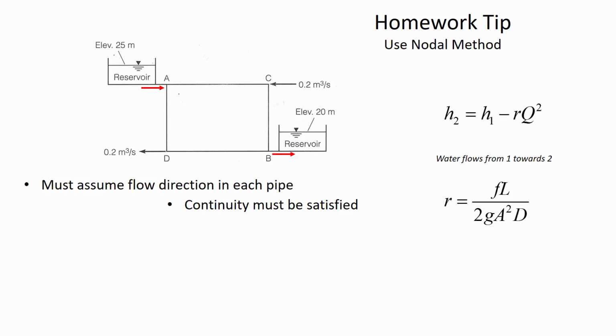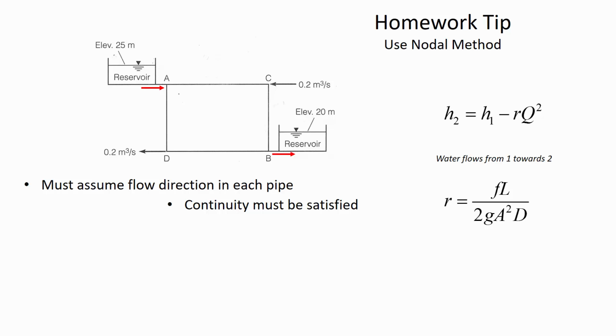Does everybody see that when you assume a flow direction, you also are assuming that head at one location is bigger or less than at the other? You know, like water flows from high energy towards low energy. So if I assume this flow direction from C towards A, I'm also assuming that the head at C is more than 25.